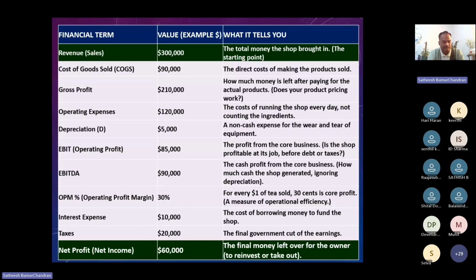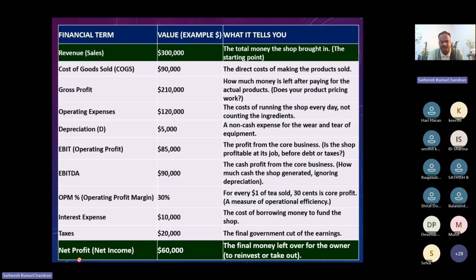So earning before income tax is operating profit, $85,000 out of $300,000. So gross profit is like 210,000, that excluded cost of goods sold, like cost of the materials, ingredients, all these raw materials. And gross profit is this, and depreciation is this, and 85,000 is before tax.